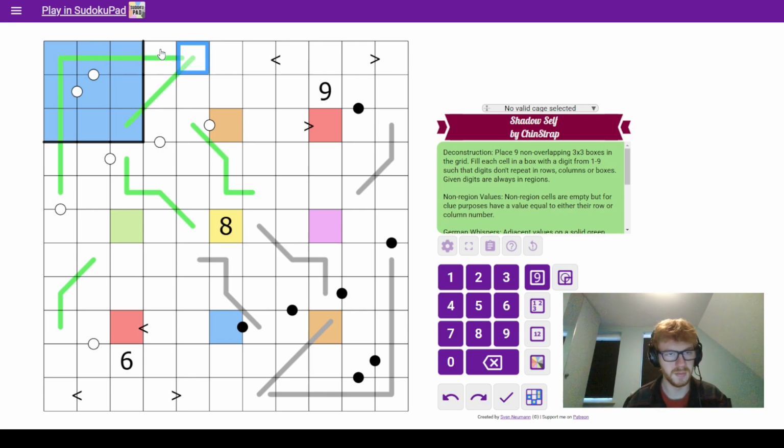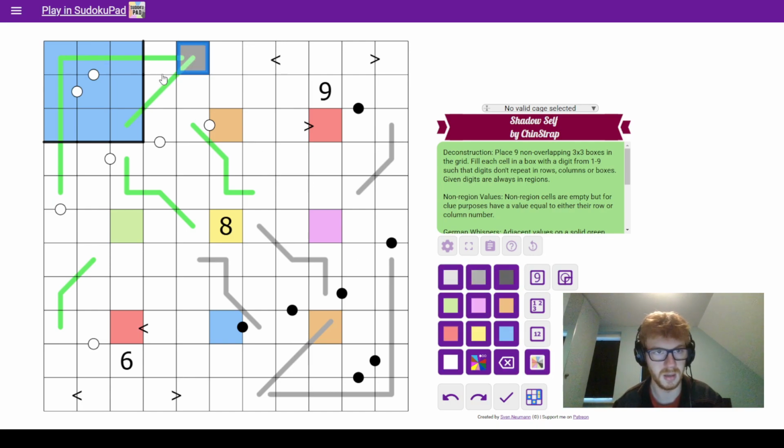Okay, so if this is not part of a region, we have the same thing going on. This is also not part of a region, and then this is either 4 or 1, and this is either 5 or 1. So these cannot be 5 apart.